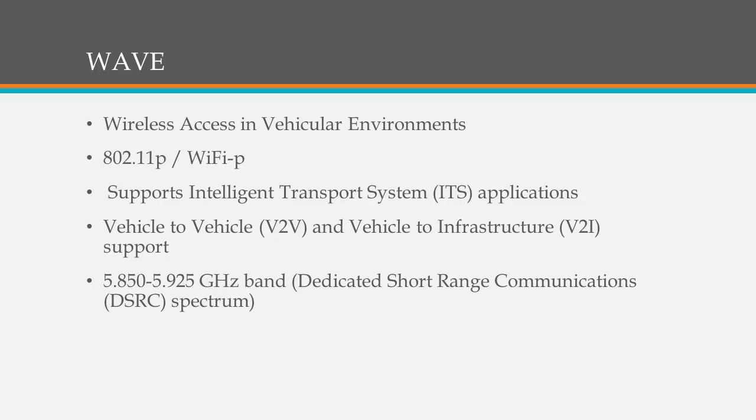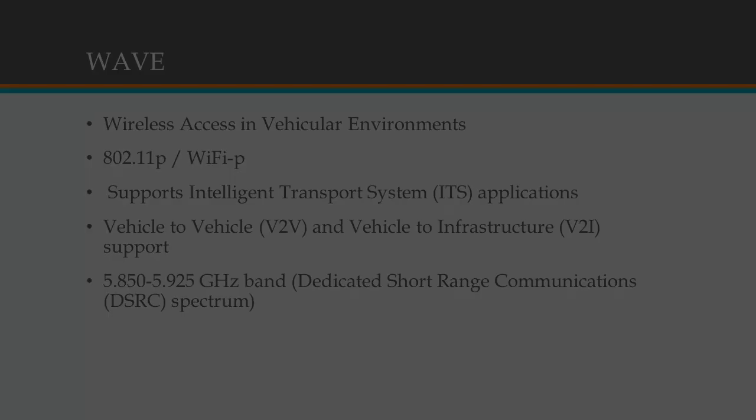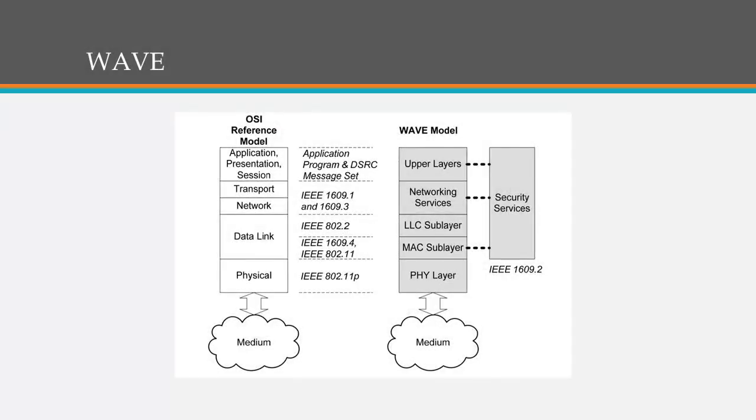It uses 5.8 GHz band for communications. The protocol stack for Wi-Fi-P is described by the image. The physical and data link layers are handled by 802.11p, while the application layer contains DSRC.